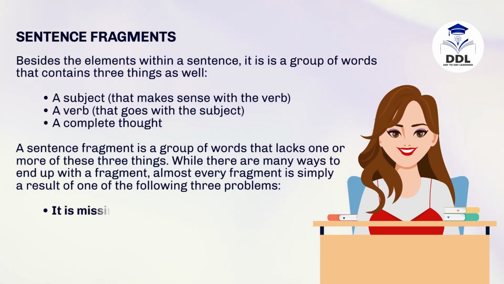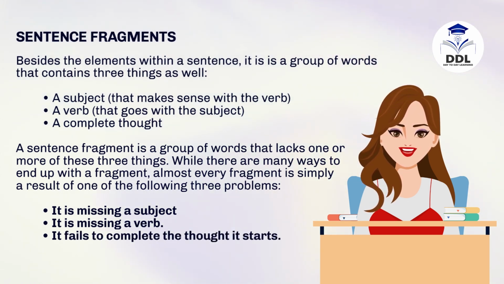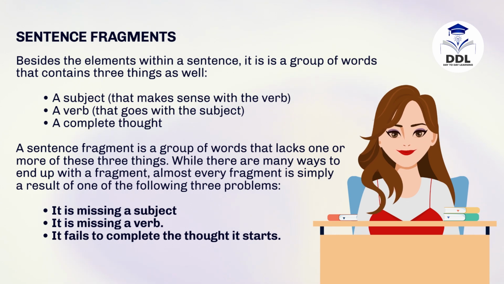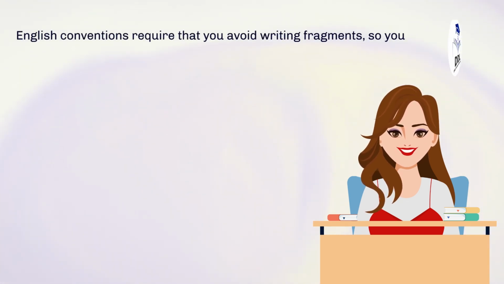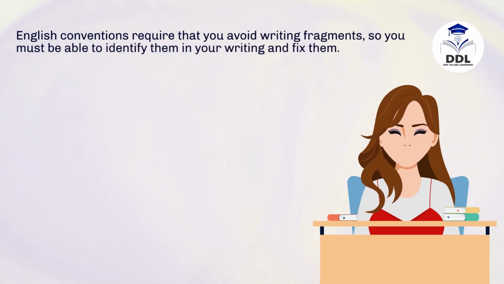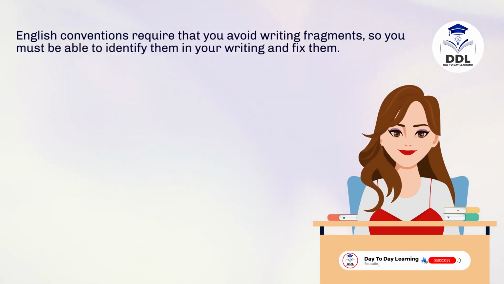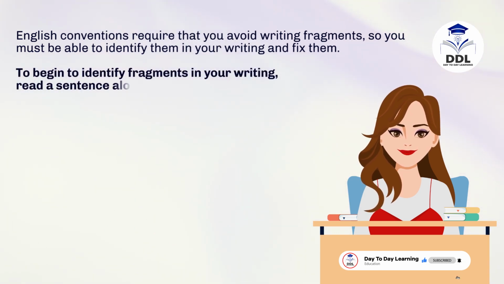It is missing a subject, it is missing a verb, or it fails to complete the thought it starts. English conventions require that you avoid writing fragments, so you must be able to identify them in your writing and fix them. To begin to identify fragments in your writing, read a sentence aloud.